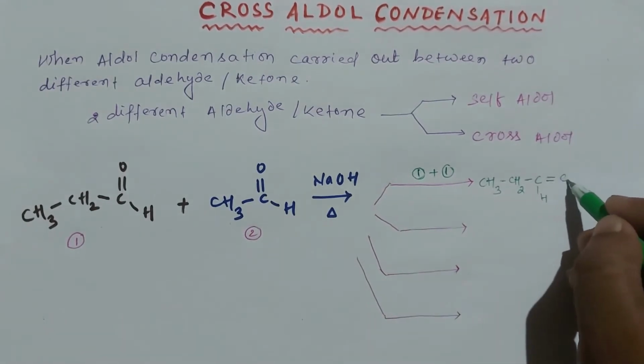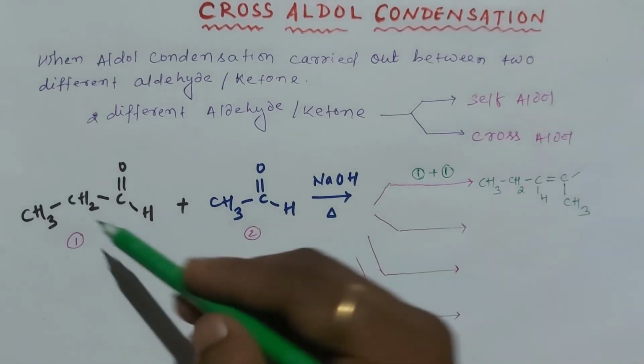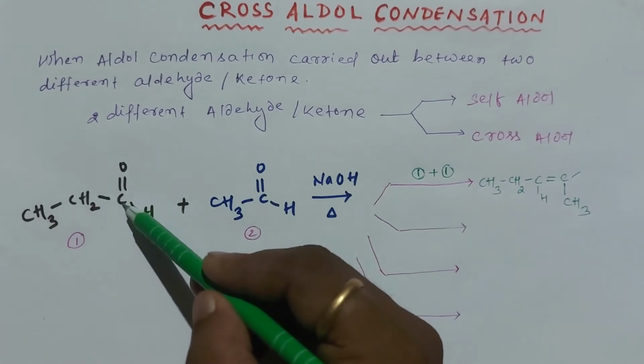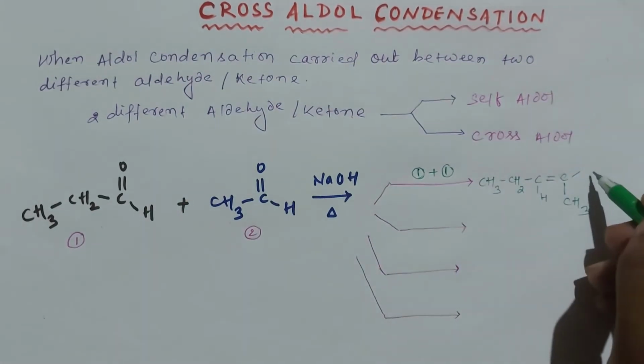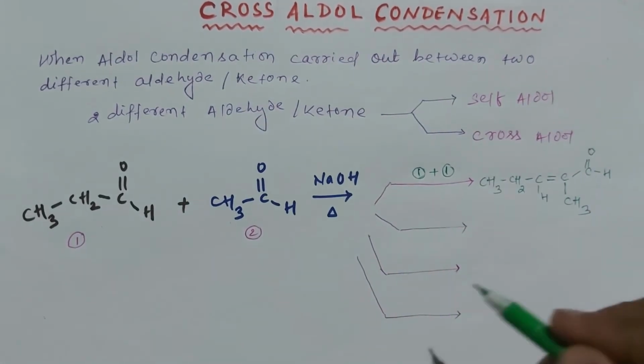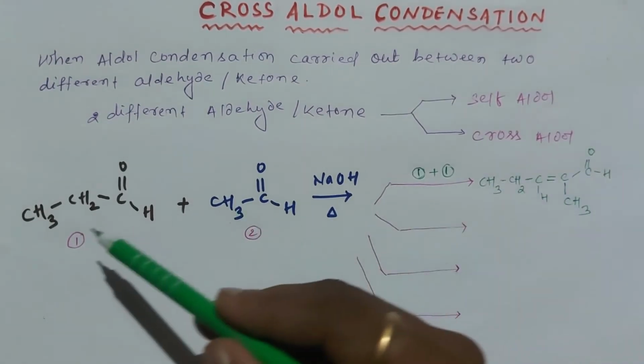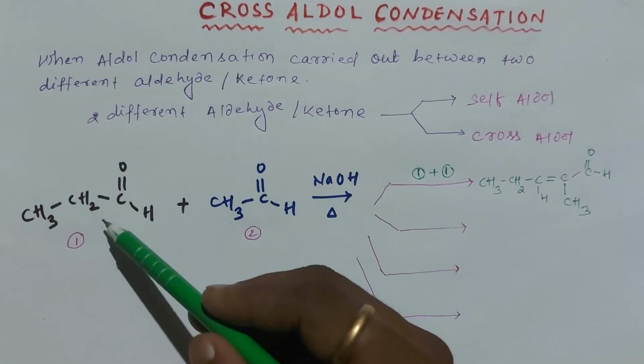So we'll have CH3 here, and the other part is attached to the aldehyde. This is the product if two molecules of the first type react together.